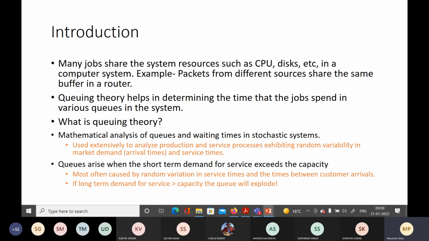In routers there are many packets which cannot get served or move out of the router fast, because the switch fabric may not be fast, the line cards may not be fast enough, and maybe the scheduler is scheduling in a different manner.